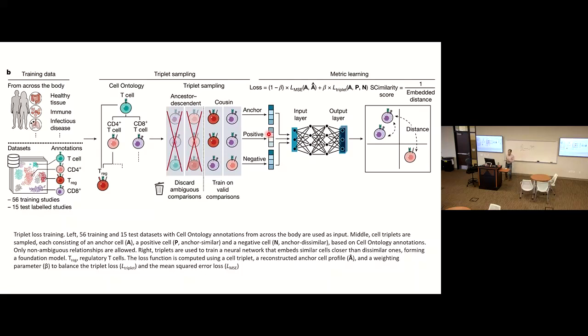So it becomes an information encoder machine. And once you have that, you have an embedded 128 dimension space, and then you can start to compute the distance between cells after you compress them.